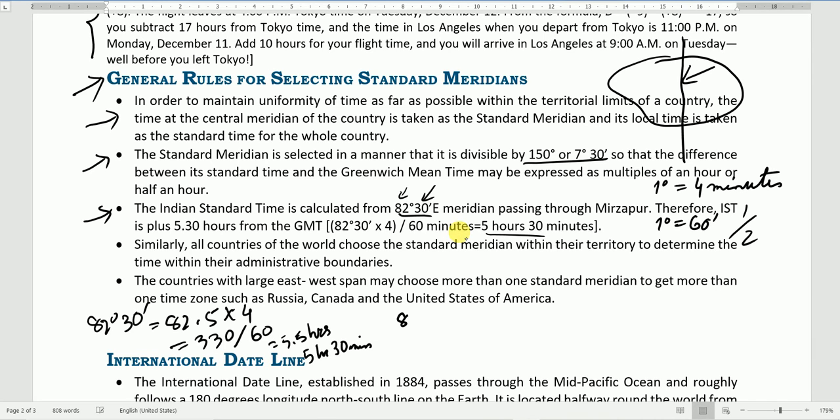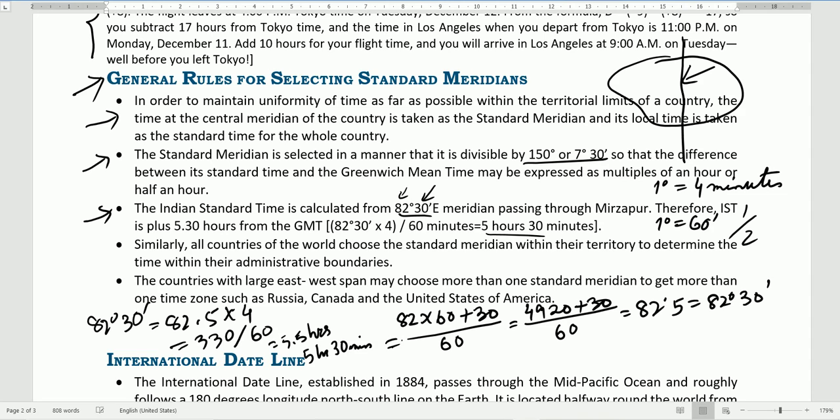We have to multiply 82 by 60, then plus 30, divided by 60 to get degrees and minutes. 82 multiplied by 60 is 4920, plus 30, is equal to 4950.